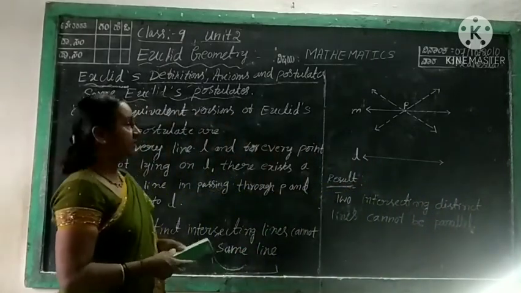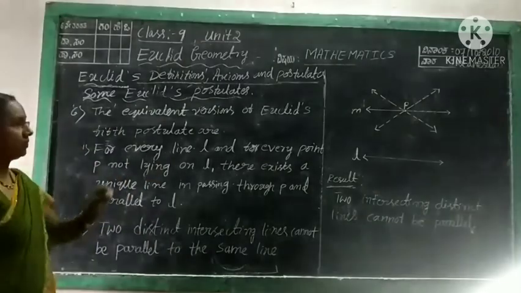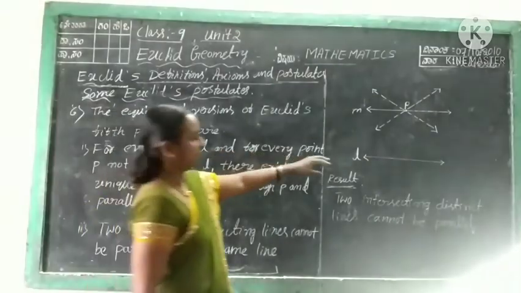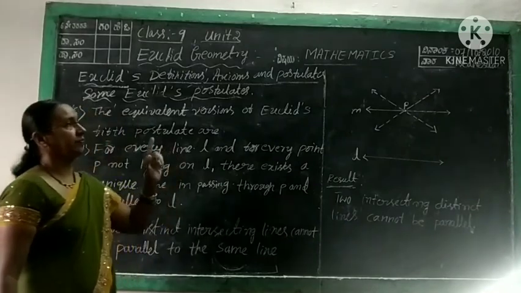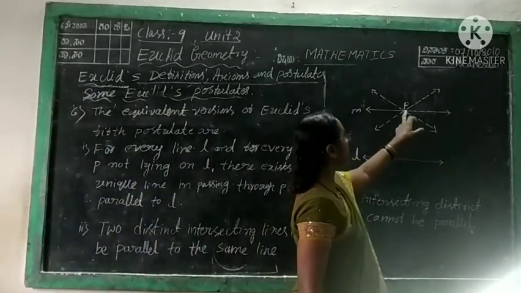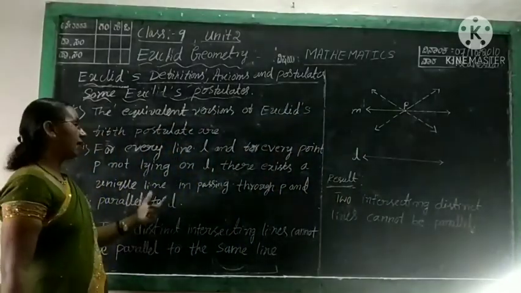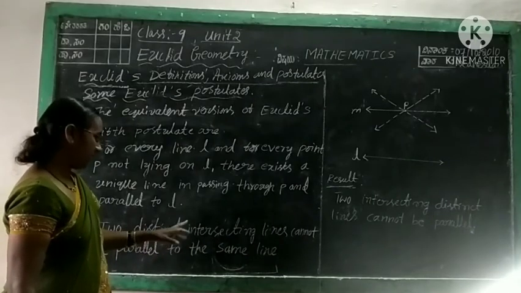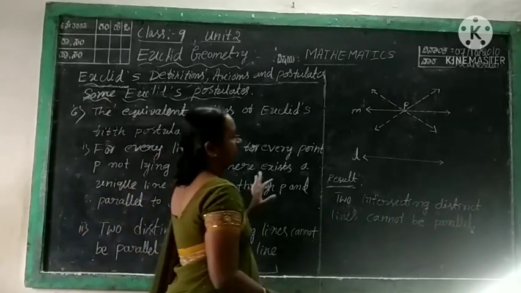Then for every line L and for every point P not lying on L, these two lines passing through the point P cannot both be parallel to L. Then the two distinct intersecting lines cannot be parallel to the same line.